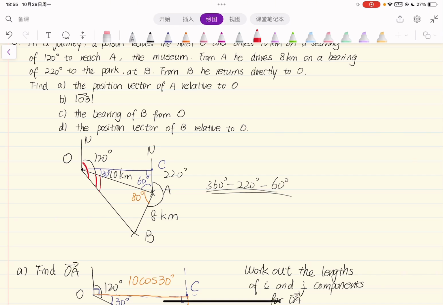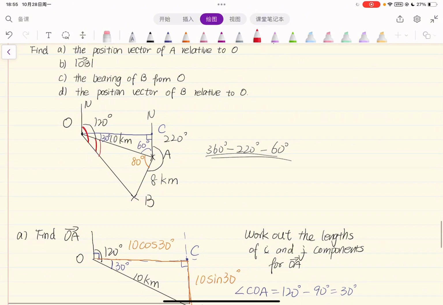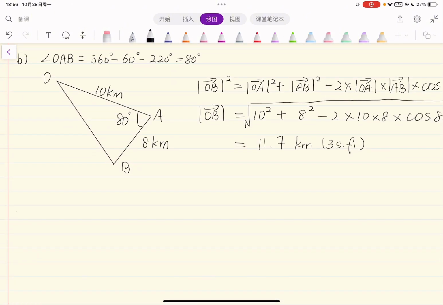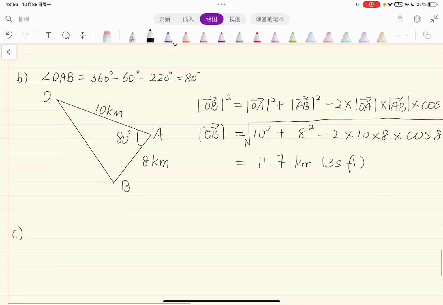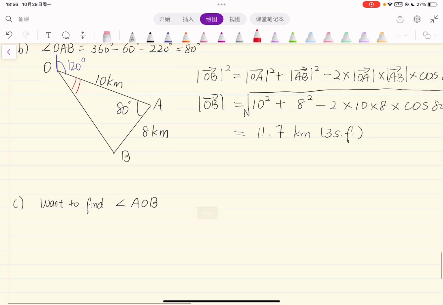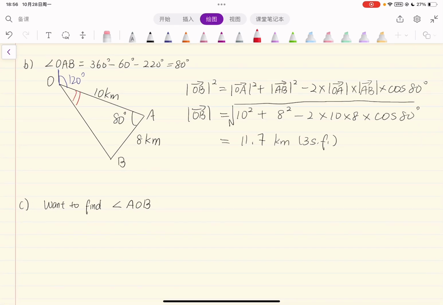Here, we can use the sine rule to do that. Let me add a line. So note over here, there should be 120 degrees. And we want to find the angle AOB, this angle. So we can use the sine rule to find that.